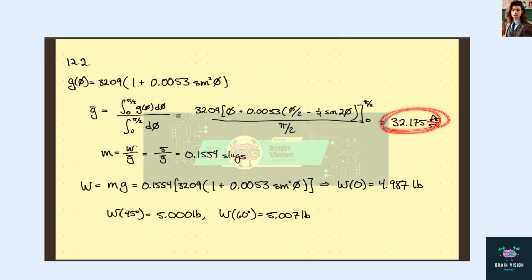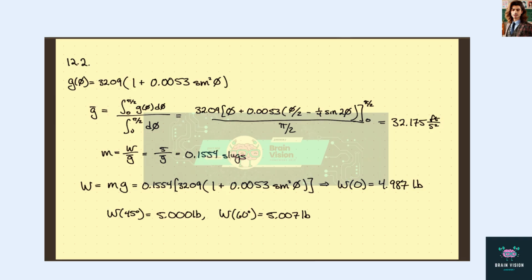And that's usually why we wind up using 32.2, because most of our population is in the northern hemisphere, China's up there too, around 30 to 45 degrees.